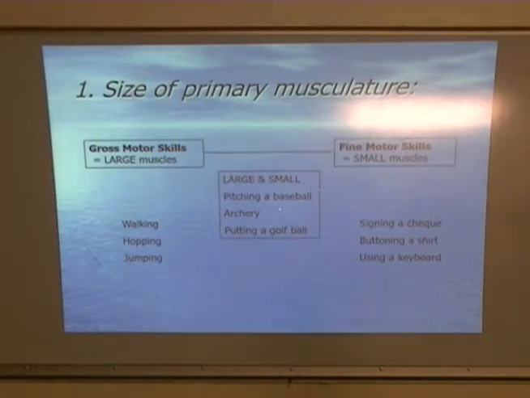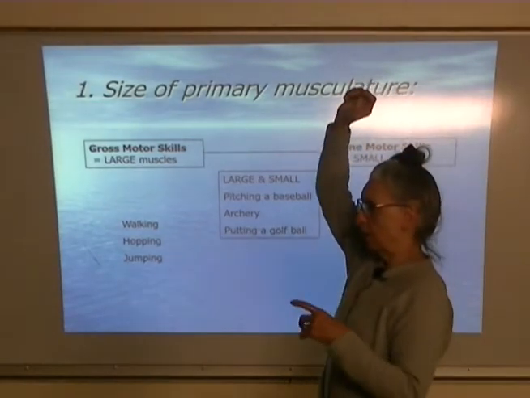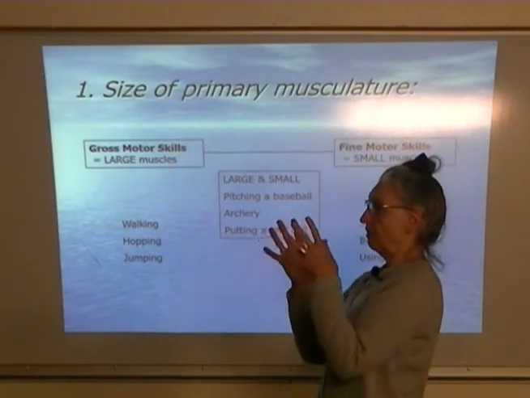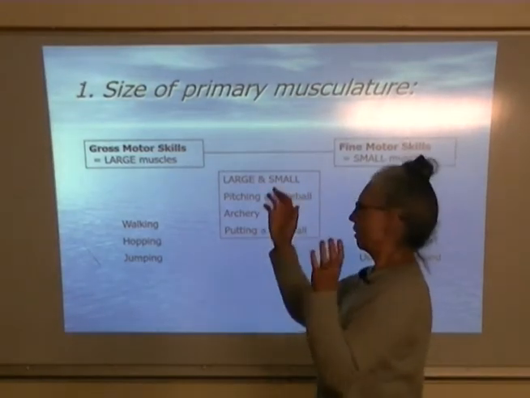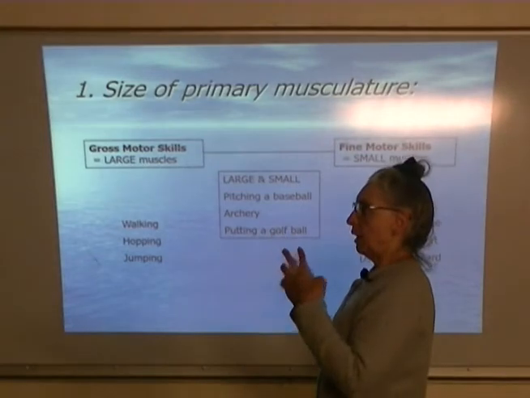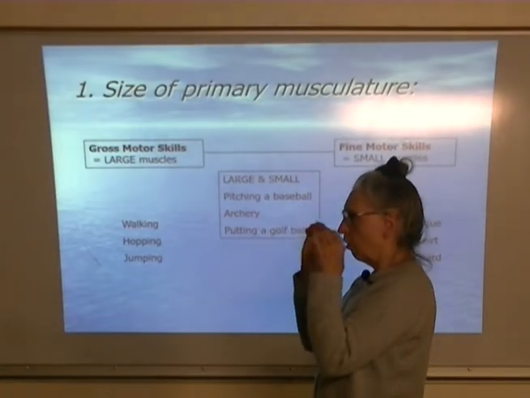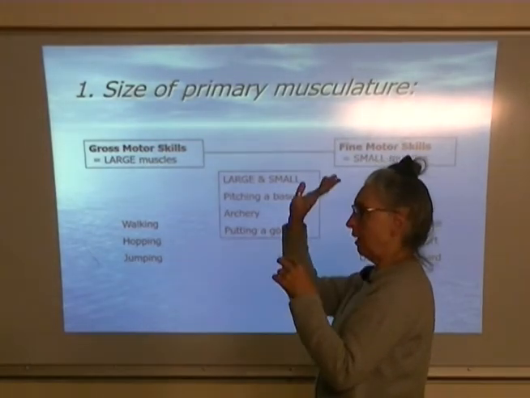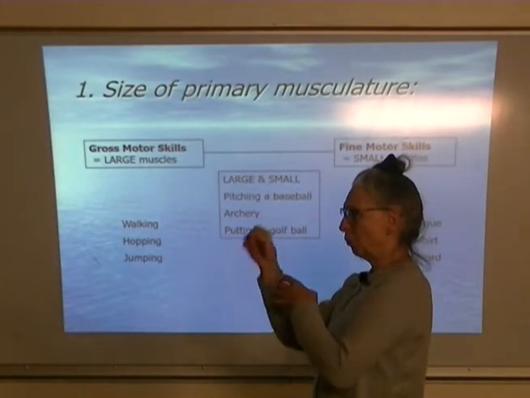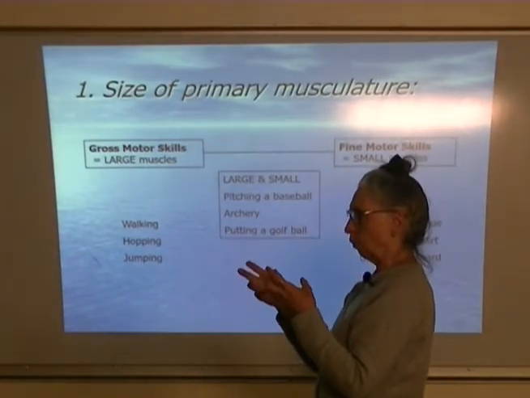So pitching a baseball might be considered a gross motor skill. Certainly fundamental throwing would be a gross motor skill, but the subtlety of pitching a baseball involves your fingers and your wrists adding spin to the ball.